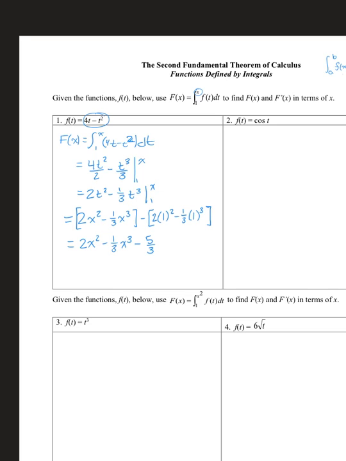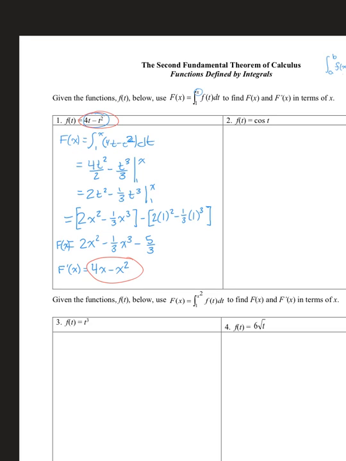Okay, so this is capital F of x. Okay, we also want to find F prime, so we have to take the derivative. Well, F prime of x is equal to 4x minus x squared. And if you notice, this is similar to what we started with. We've just switched out the variables.